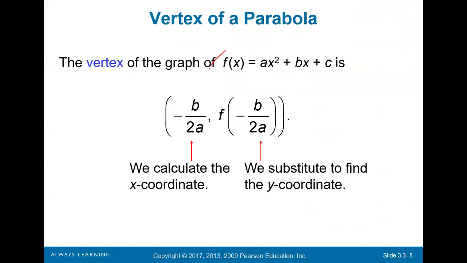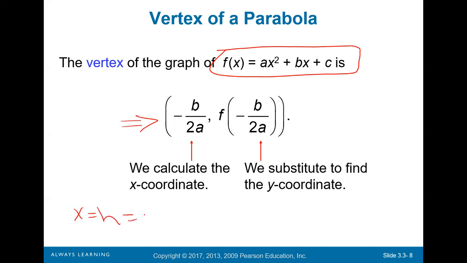Okay, so if your quadratic is written in standard form, this is your formula for the vertex. So to find my x, which is h, we can take this formula of negative b over 2a. And then to find my y, which is k, we can say f of that, whatever that value was, we plug it back into that function, and it would give us our answer.